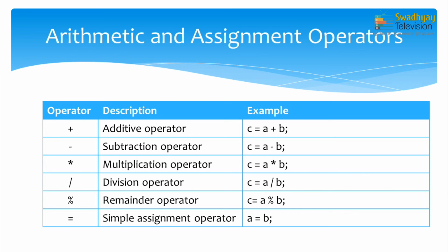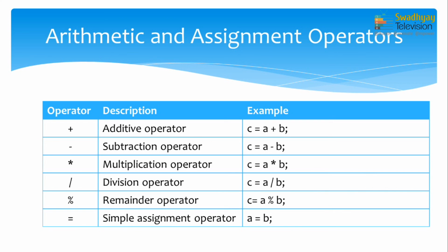On screen, you can see examples of how to use these operators. For example, A and B are two values. We can add two values into C using assignment and addition operator. So, you can write C is equal to A plus B.